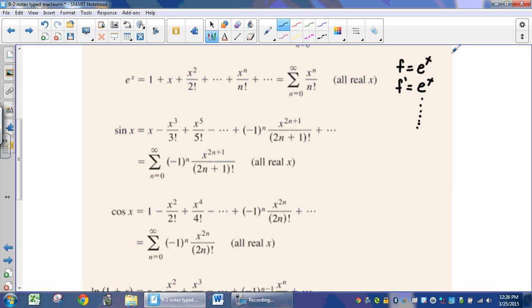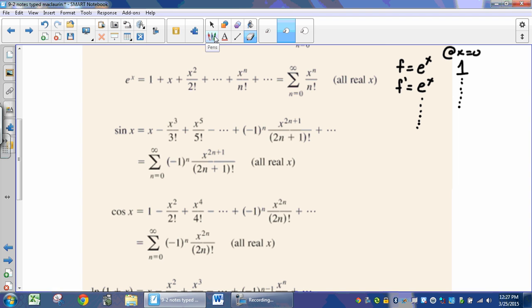When you evaluate all those to get a Maclaurin series at x equals 0, you have e to the 0, which is 1, all the way down. So when you go to write this series, you have 1 over 0 factorial x to the 0, plus 1 over 1 factorial x to the first, plus 1 over 2 factorial x squared, plus 1 over 3 factorial x cubed. And that's how this series for e to the x was born.